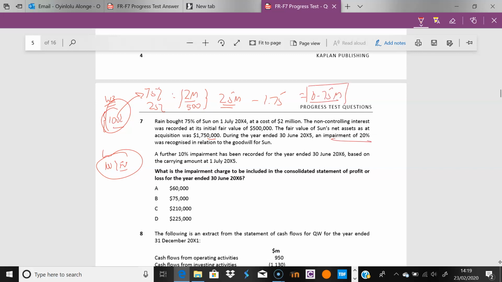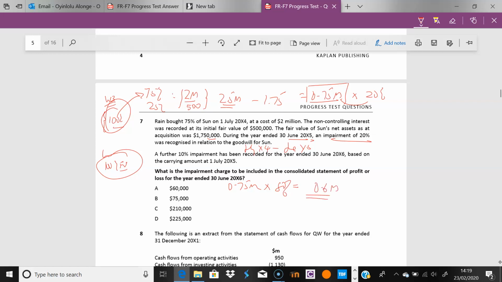It says during the first year, which would have been July X4 to June X5, you lost 20% in impairment. So that's for that year. So of course we take off 20% of this. I could calculate 20% of this and then deduct it, or I could just argue that of 0.75 million, what's left at the end of that first year in terms of the goodwill asset is 0.6 million.